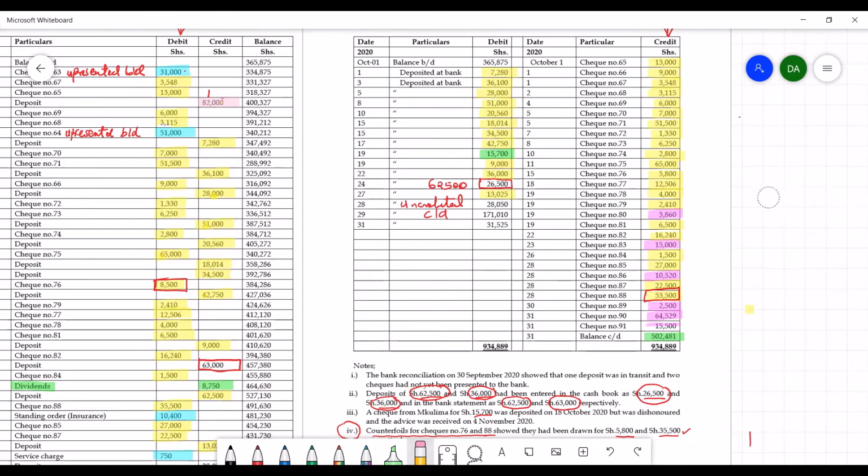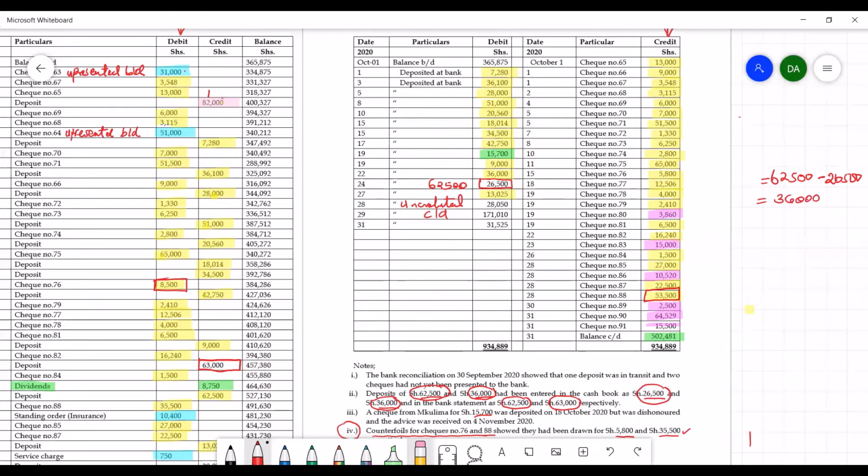The correct amount is 62,500, and the wrong amount is 26,500. The difference between these two amounts is 36,000.